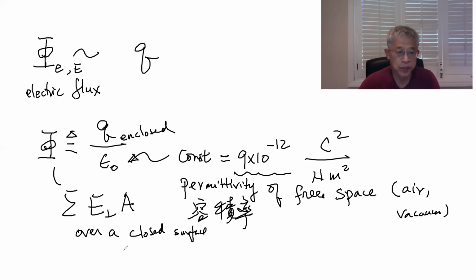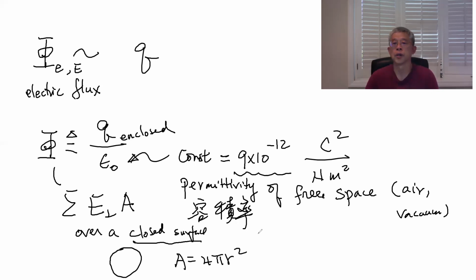So this closed surface can be this sphere's closed surface, right? And on this closed surface, the A is equal to 4 pi r squared, right? According to a sphere. This is for a sphere. Okay?